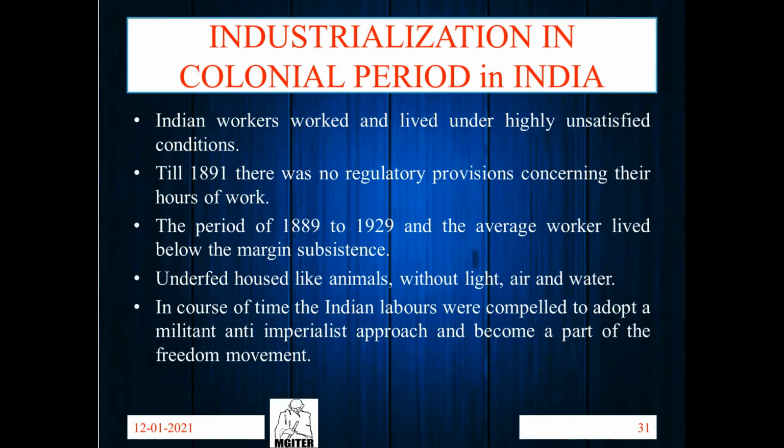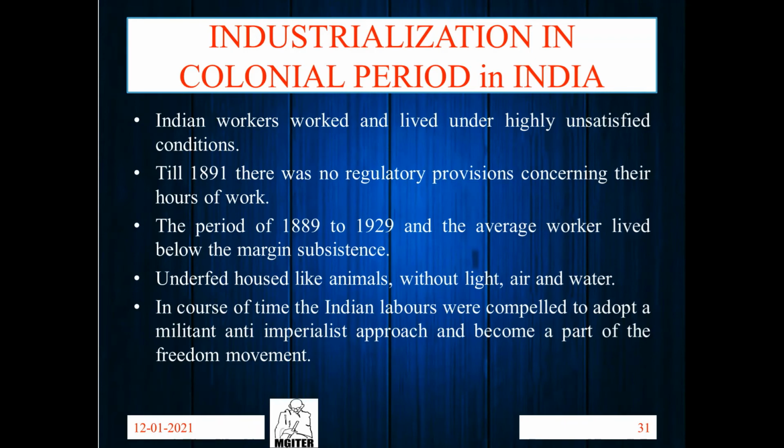Okay, but there was some minor industry where Indian workers worked, but they lived under highly unsatisfactory conditions. There was no provision for their hours of work. They lived like animals without light, air and water.